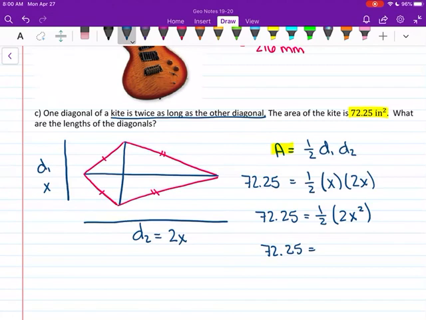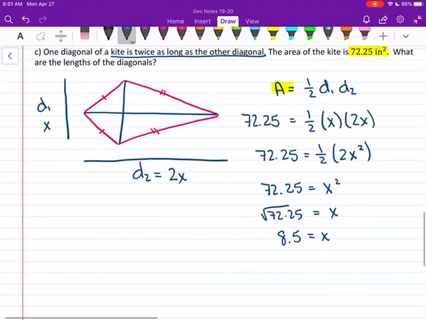Then 1/2 times 2 is 1, so I just get x squared equals 72.25. Take the square root of both sides, and I get x equals 8.5.